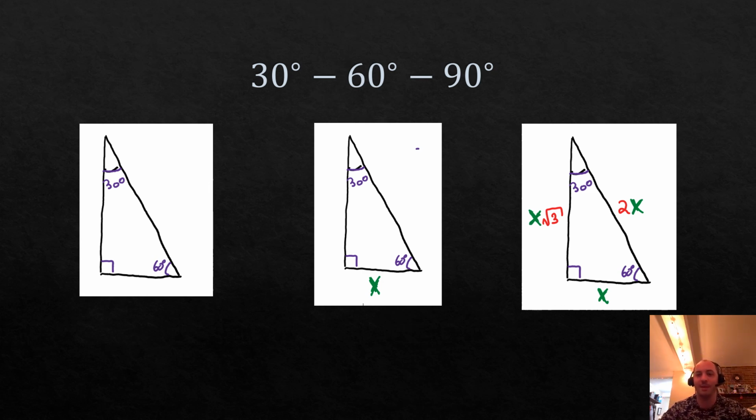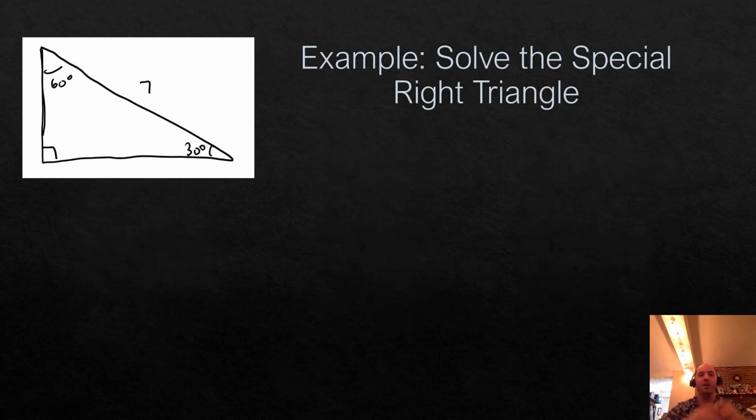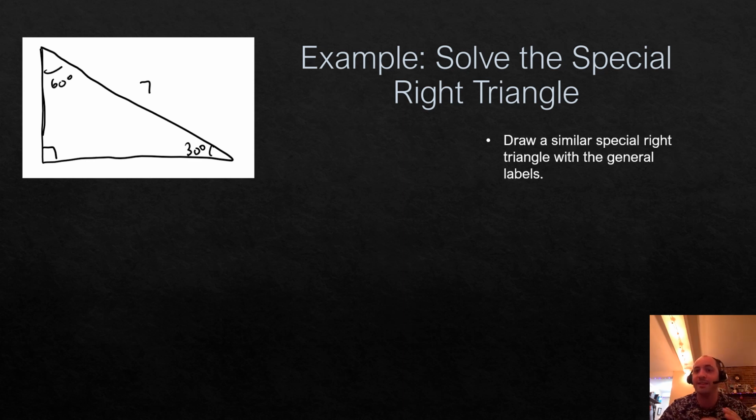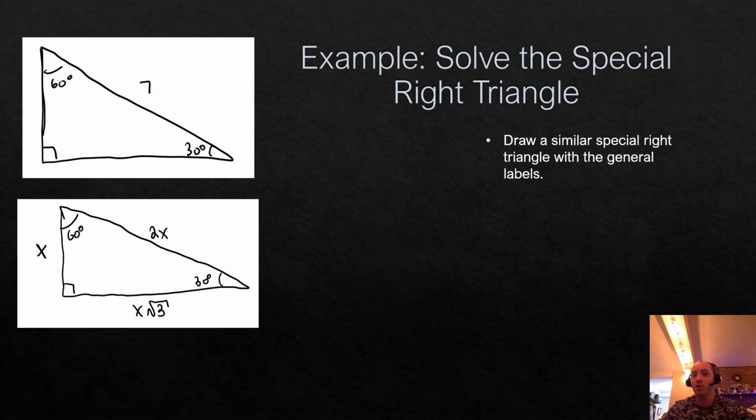Now let's look at examples of how we can solve triangles with these rules. So here I have a 30, 60, 90 triangle with a hypotenuse of 7. How do I like to start going about these problems? I like to draw a similar special right triangle with the general labels next to it. So that's what I've done here. You can see I've oriented it so it matches exactly to the one I'm trying to solve.